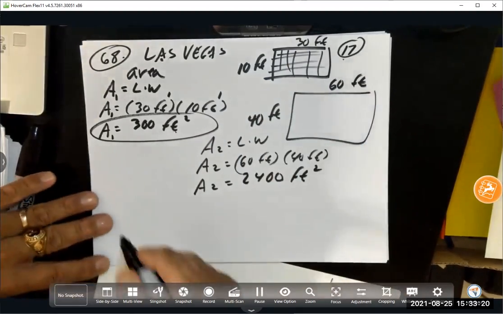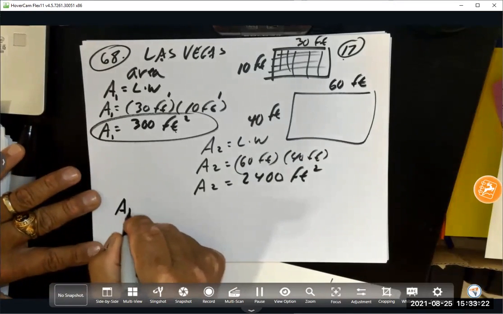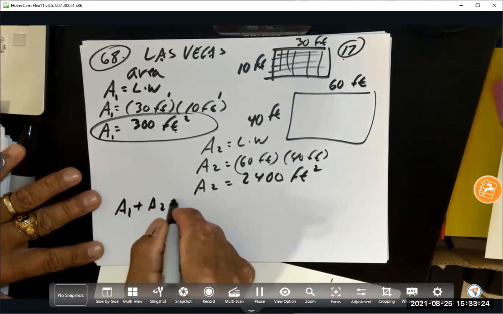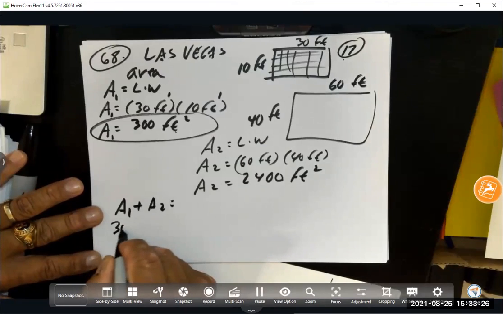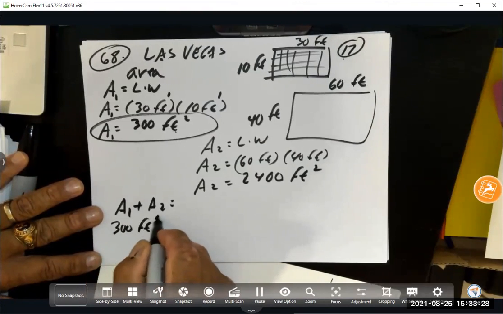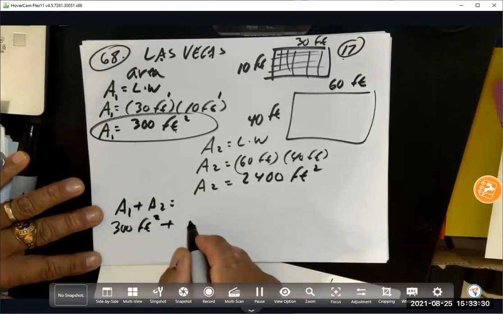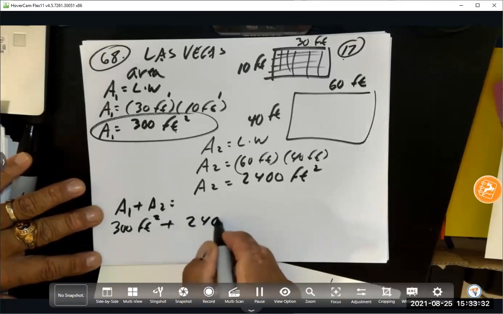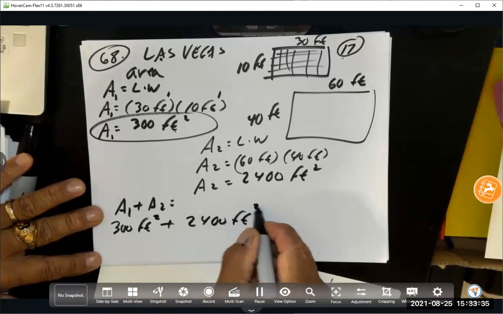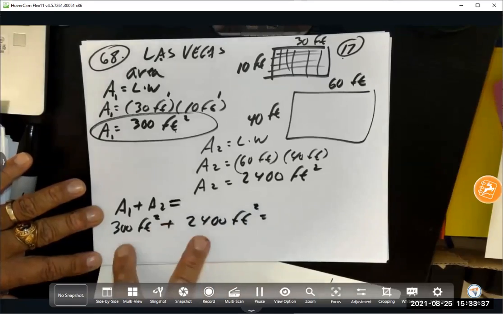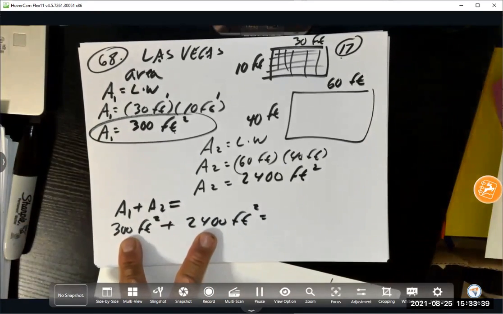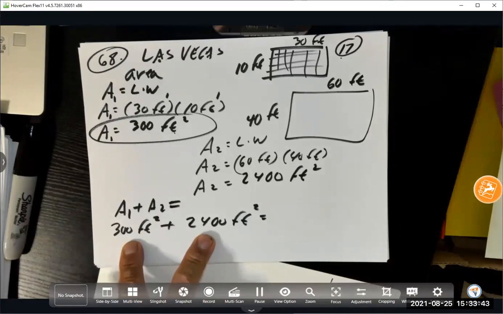Now if I say, what is the area of the first one plus the area of the second one? Well, the first one is 300 square feet. And the second room, your room, has 2,400 square feet inside of the room. So together, how do I add those numbers? How do I add 300 square feet and 2,400 square feet?